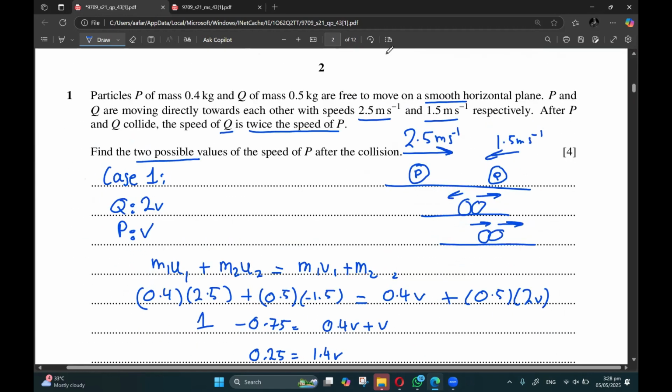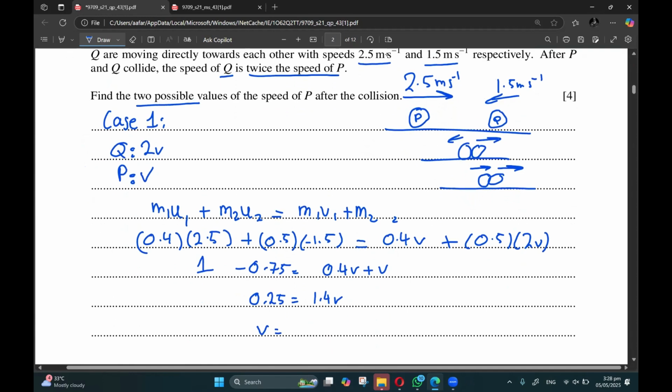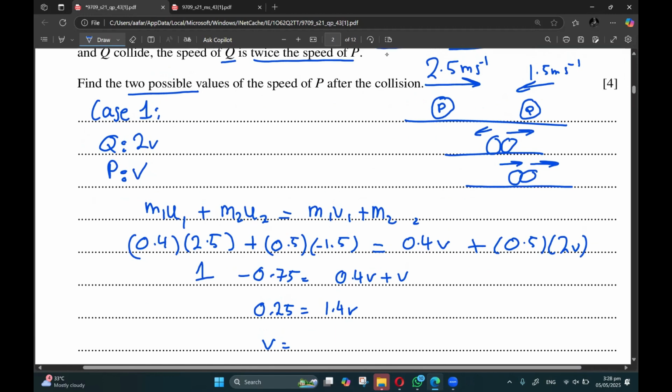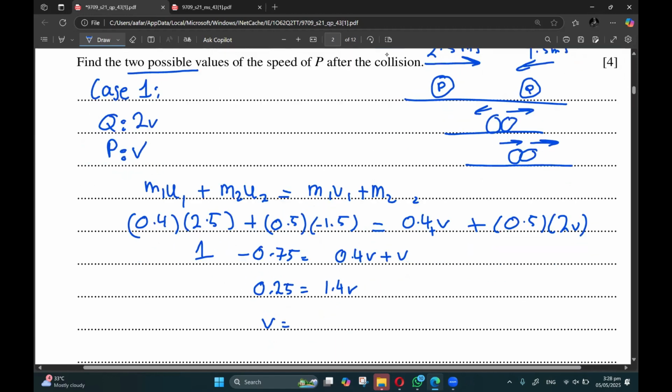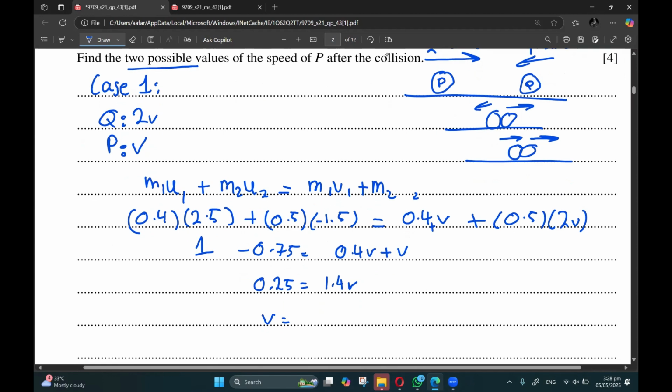So in this case, we're seeing that both are going in the same direction since this is positive and this is also positive.